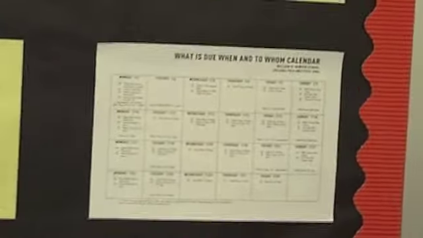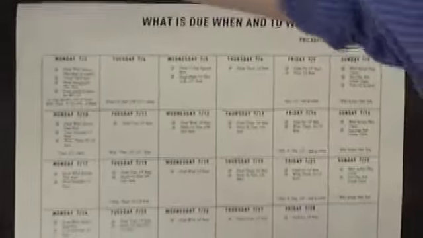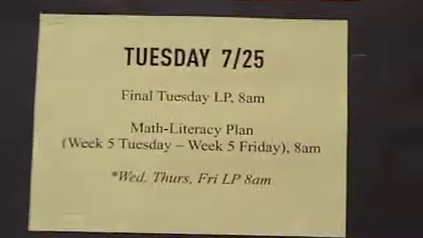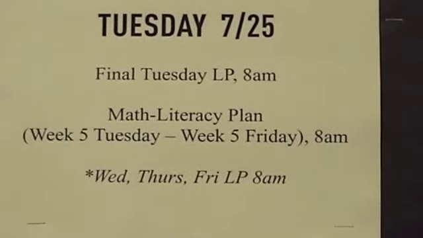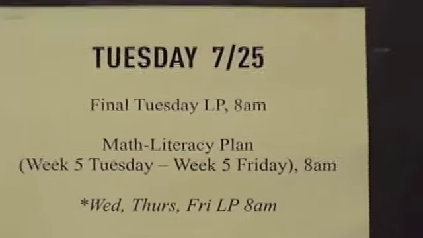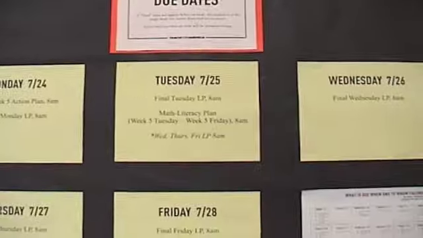So we made a calendar that was a little easier to read, and then I took that and broke it into a weekly calendar that I post here. Everything that's due is listed here, and if it's going to be returned to them, it's italicized and at the bottom. This is really helpful. Core members can glance and see what's coming up later in the week and see what's due.